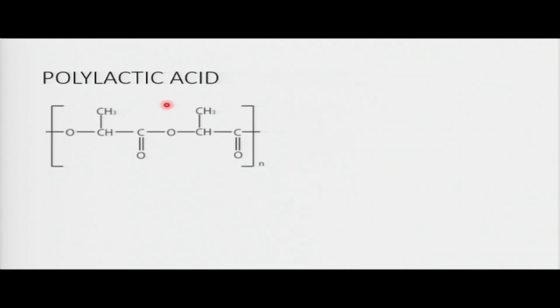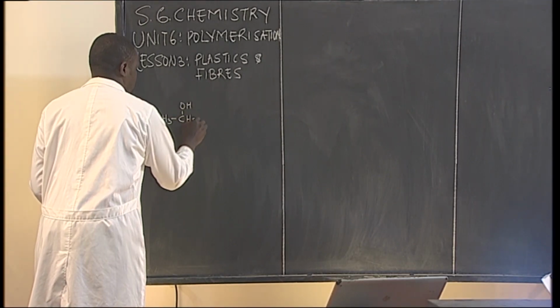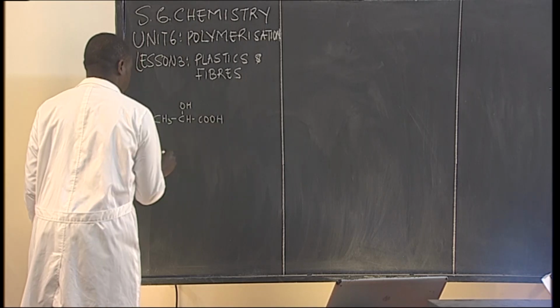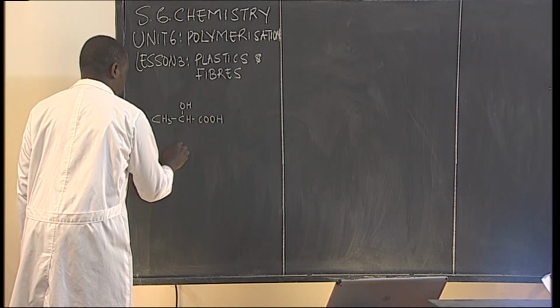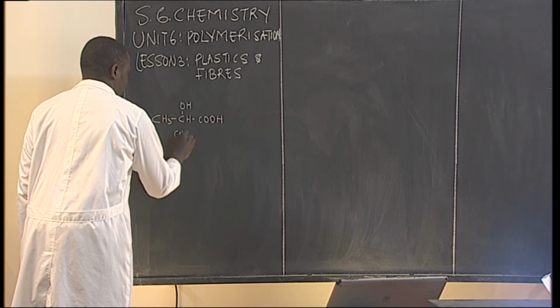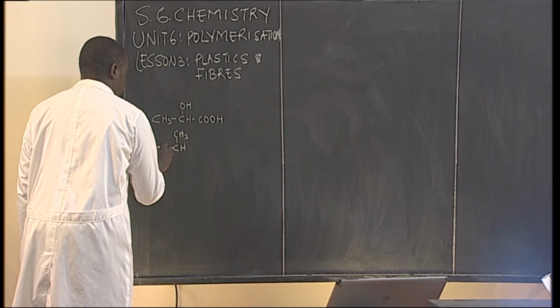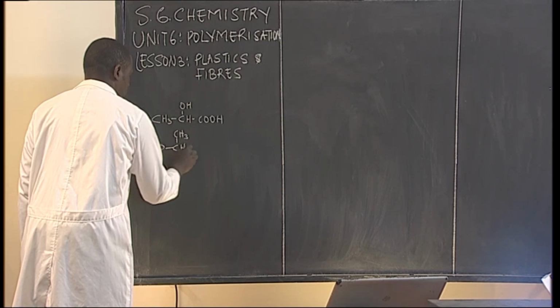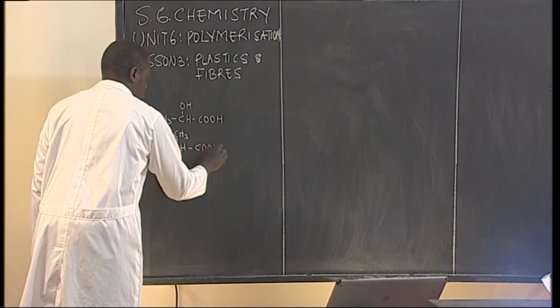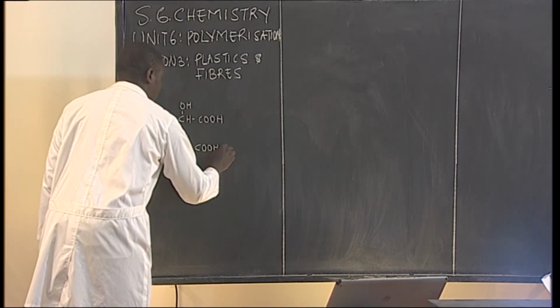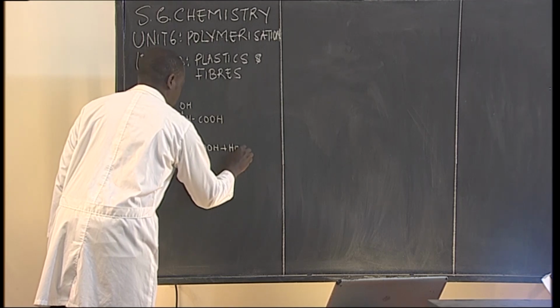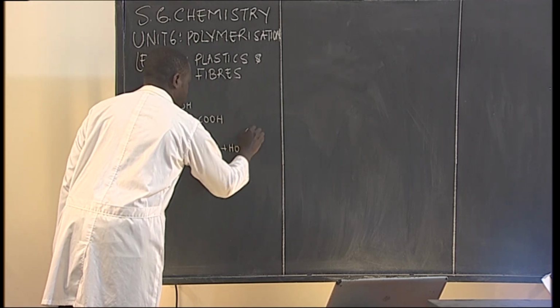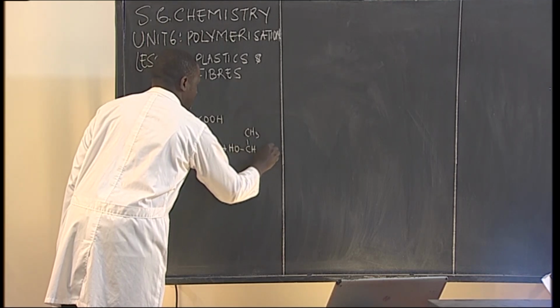On our blackboard, we have lactic acid, which is this one. This is our lactic acid. Good. So when you are representing our polymer, we can try to represent it in the form of, okay, amino acids like this, but it's not an amino acid, but we represent the functional groups which are going to take place in the formation of our polymer.